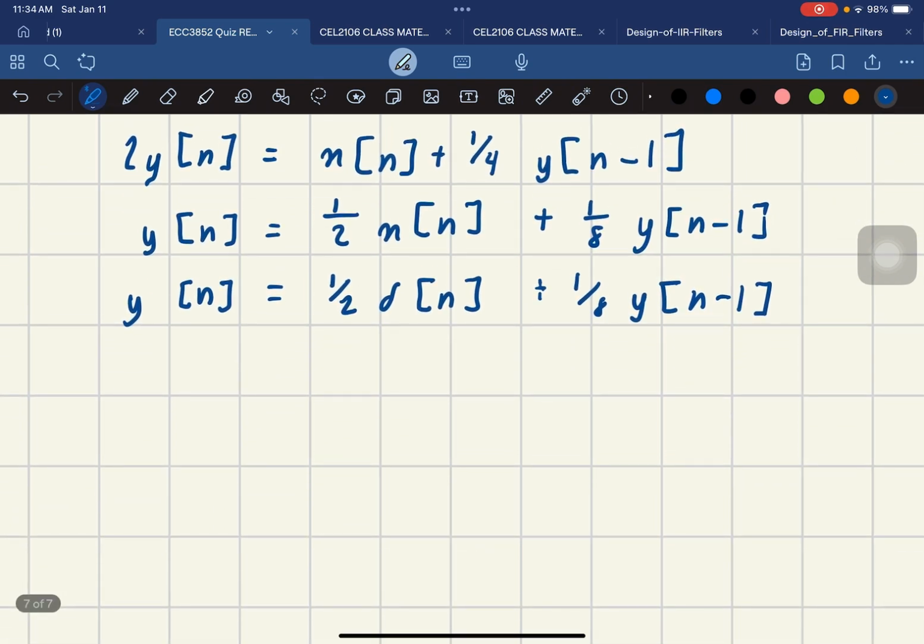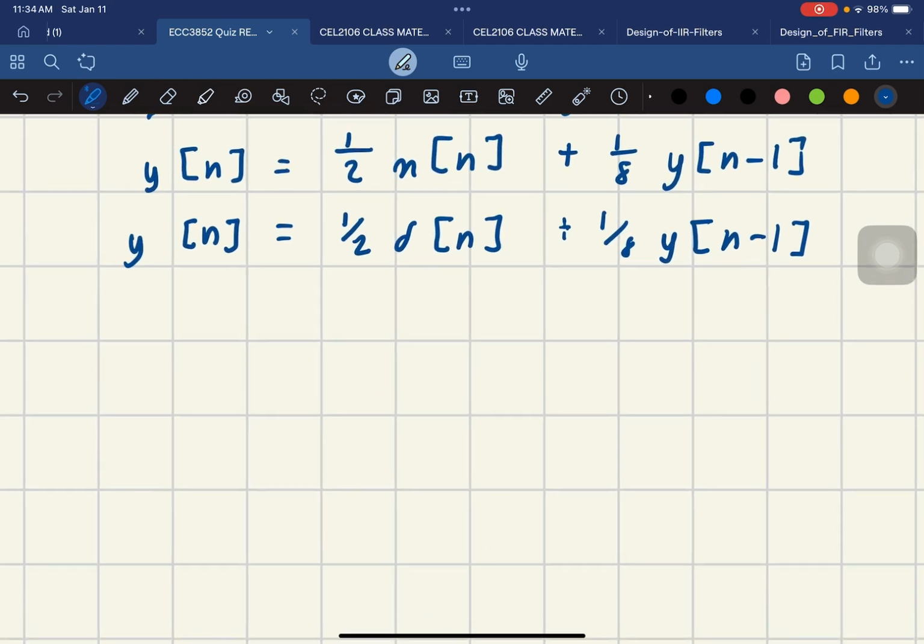We want to find h[n], so we need to find n equal to 0 until n equal to 2, and then find the general formula.